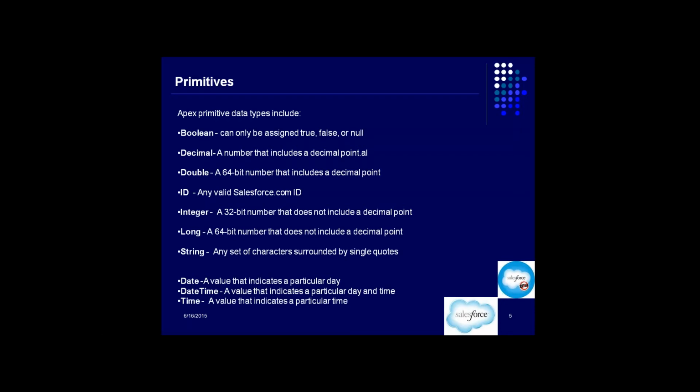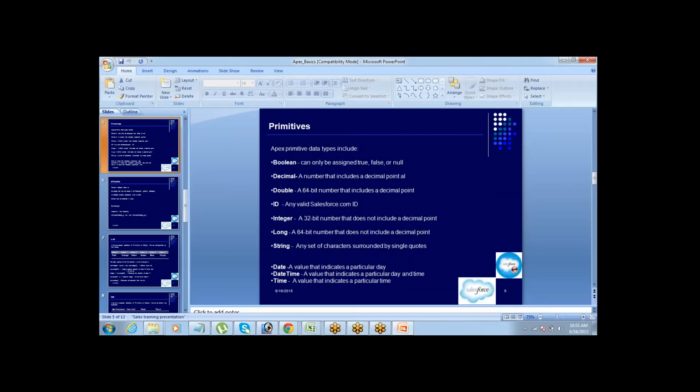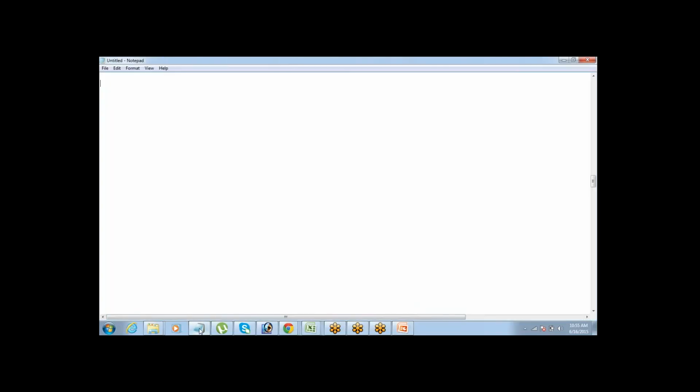Some of you might have used them in other programming languages, or you must have heard of them. String, integer, these are very common. So while writing a program in Apex, you can use primitive data types, and they are pretty simple to write.